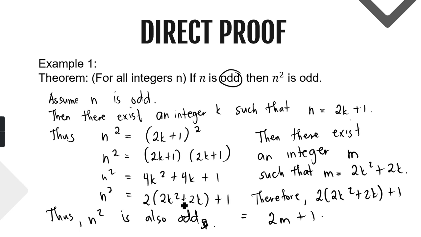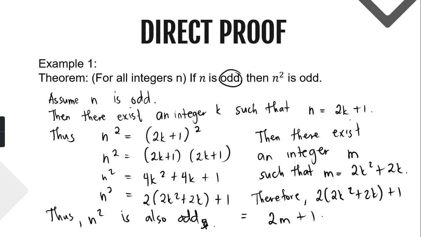And then, that is 2k squared plus 2k. Tapos, i-substitute mo lang siya. And kung makikita ninyo, it satisfies definition number 2. Okay? So, ibig sabihin, na-prove natin na kung si n ay odd, then kapag yung n ay in-square mo, odd pa rin siya. Okay po?